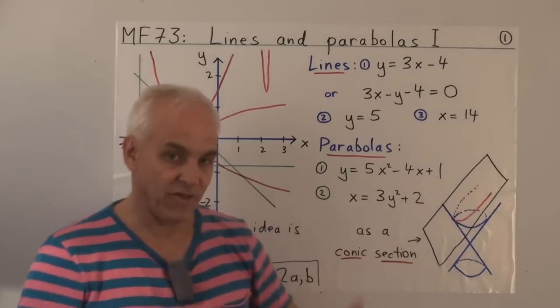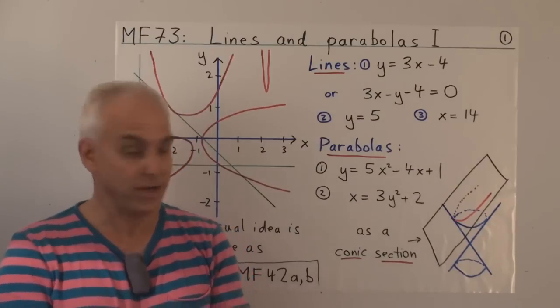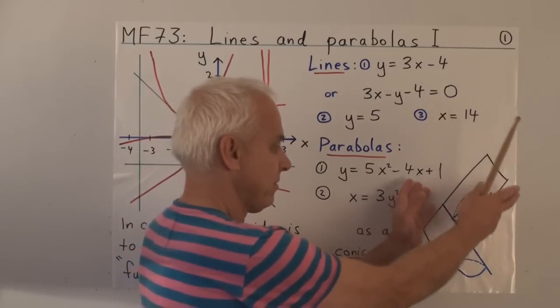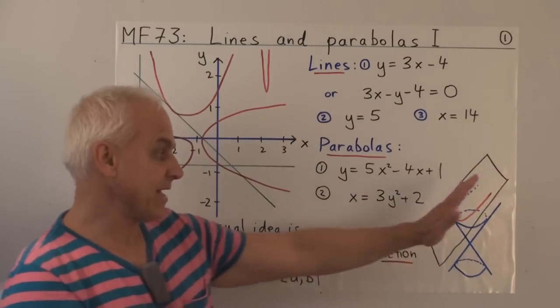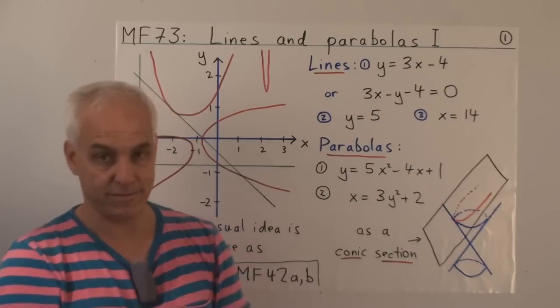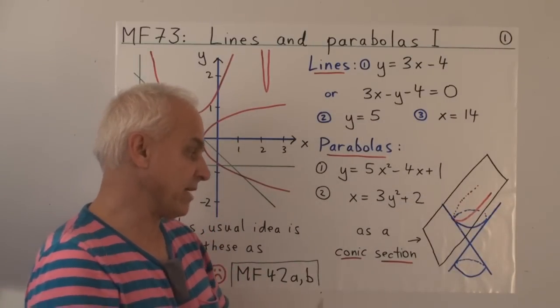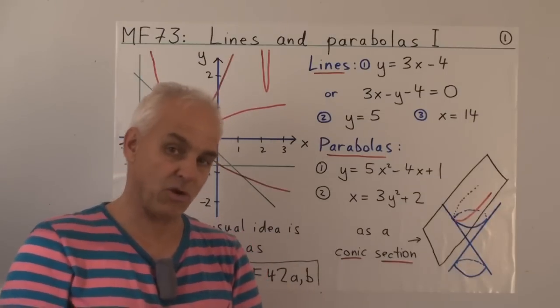Now, of course, parabolas are a special case of a conic section, going back to the ancient Greeks. The idea being that we take a cone, like this cone here in blue, and we slice that cone with a plane. And depending on the inclination of the plane to the cone, we get different kinds of conic sections. We could get ellipses, or hyperbolas, or parabolas.